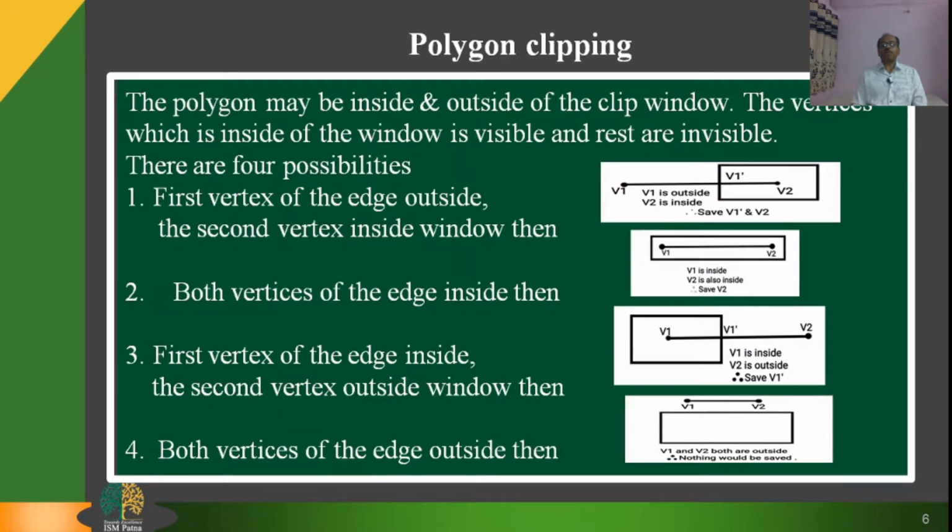Both vertices of the edge inside the window is the second alternative. First vertex of the edge inside and the second vertex outside the window, and the last one in which both vertices of the edge are outside.